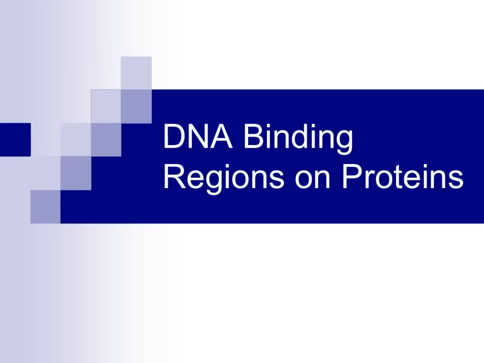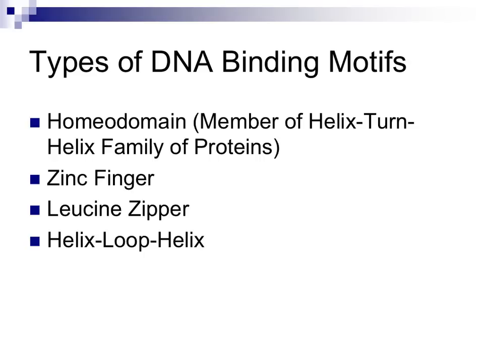So what makes proteins special in being able to bind to DNA? Proteins that are able to bind with DNA have structures called DNA binding motifs. That is the part of their molecule that allows them to associate with DNA.